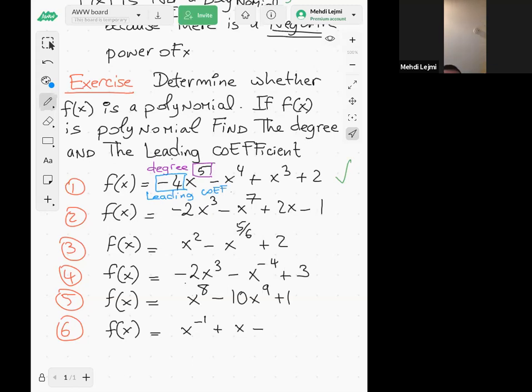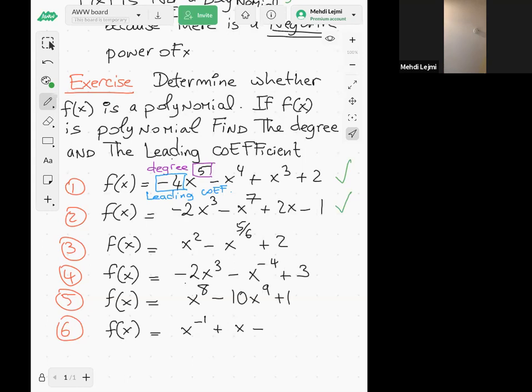Next, again, all the powers of x here are positive whole numbers, so this f of x is actually a polynomial. Now, what will be the highest power of x? Just be careful, guys. The highest power of x doesn't have to be the first power.